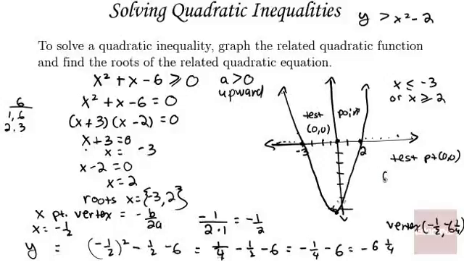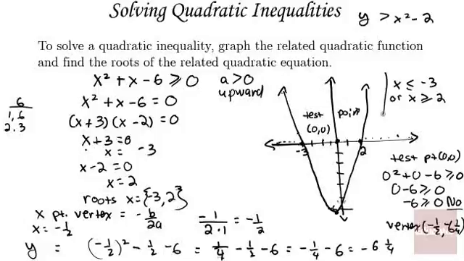Now 0 squared plus 0 minus 6 is greater than or equal to 0. This gives me 0 minus 6 is greater than or equal to 0. Negative 6 is greater than or equal to 0. That is not true. Therefore, this is not part of the solution set. These values in here are not part of the solution set. So that tells me these are the correct values. And I knew that by logic, but you can always verify using a test point.